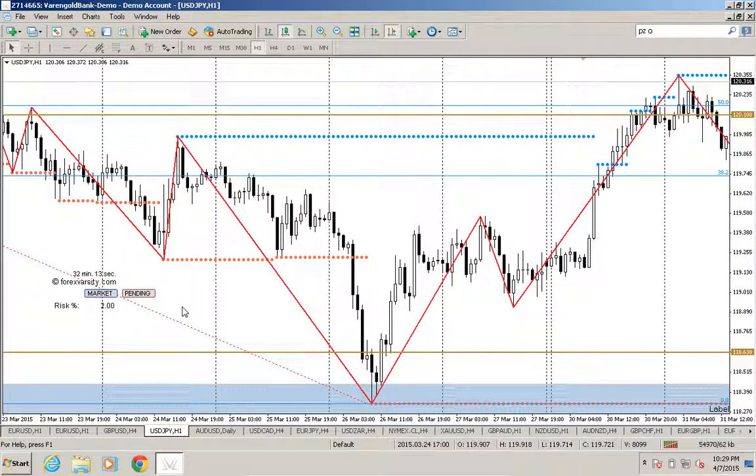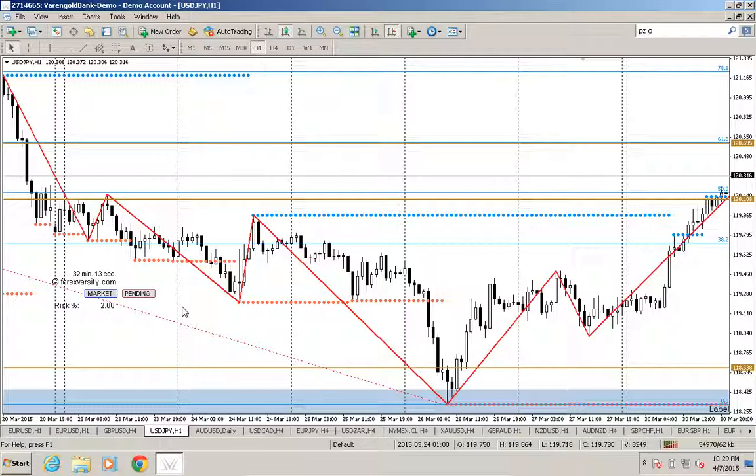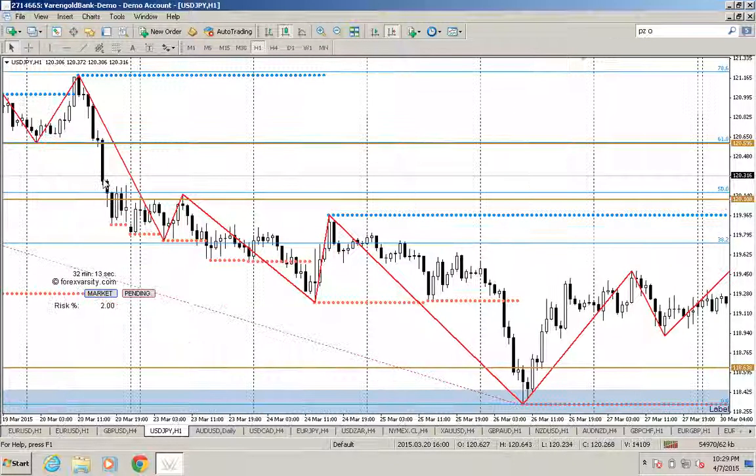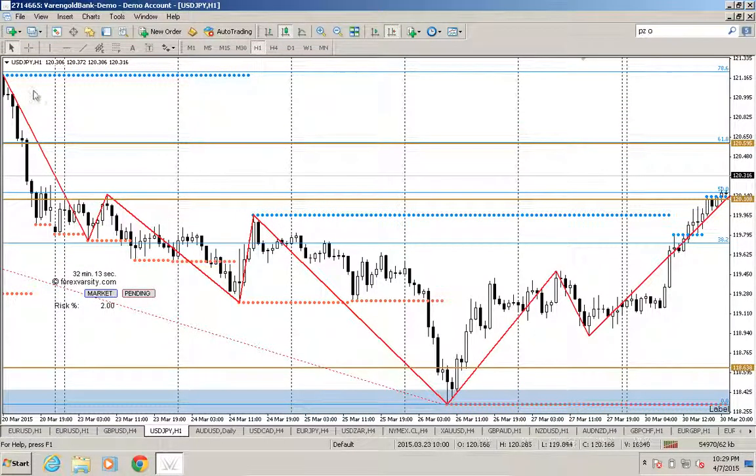But let's move more back, and I just want to show you more examples. Again, here we have A, B, C, A, B, C over here. So this, we were looking for a sell trade. On this retrace, we would have been looking for a sell trade because of downtrend and ABC formation. And then our third reason we would have wanted to look for candle information. And then if you see these two little candles over here which formed a piercing line, well, it's actually bearish, so it's a dark cloud cover.